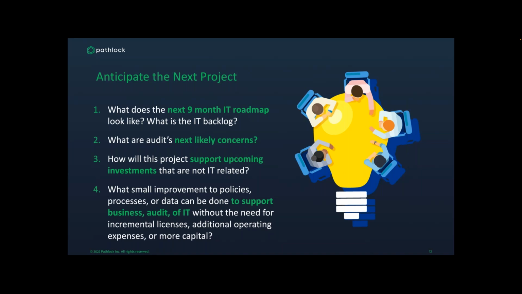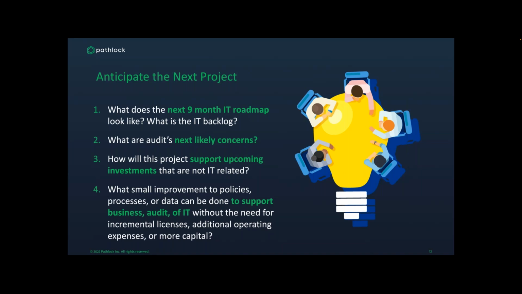And how does this project support upcoming investments that are not IT related? So how can you anticipate the fact that the company is expanding into new territories, new geographies, or that it may be moving into new industries, and those industries have different regulatory requirements?